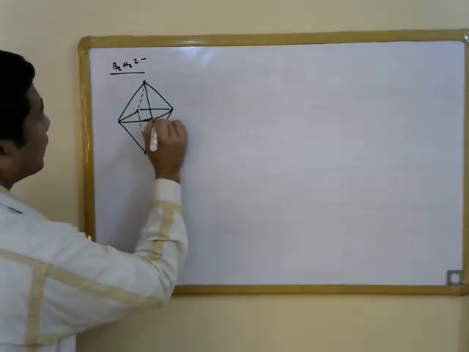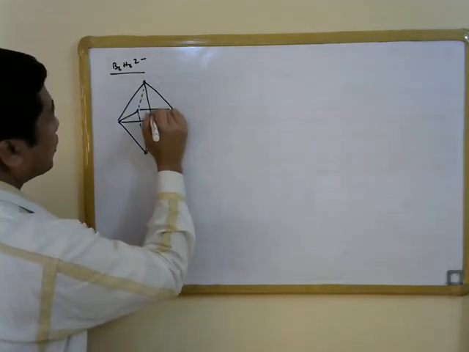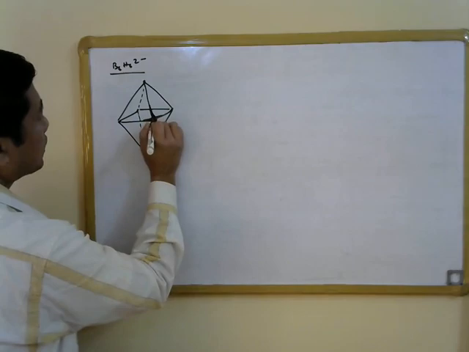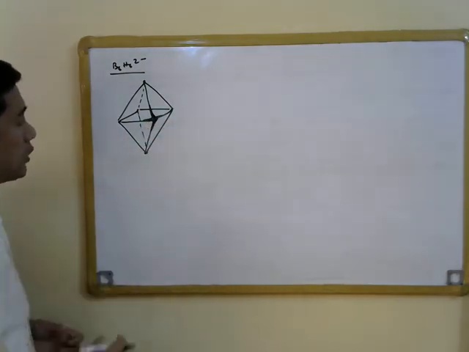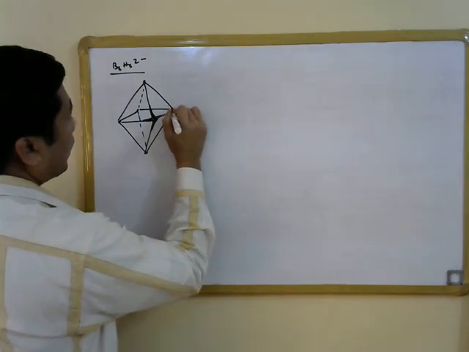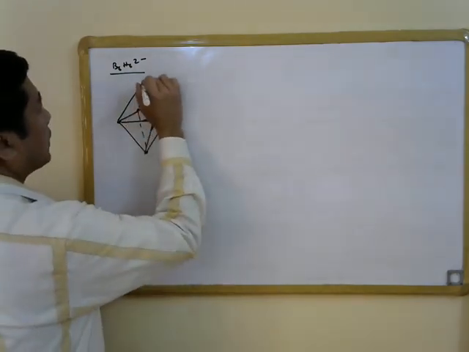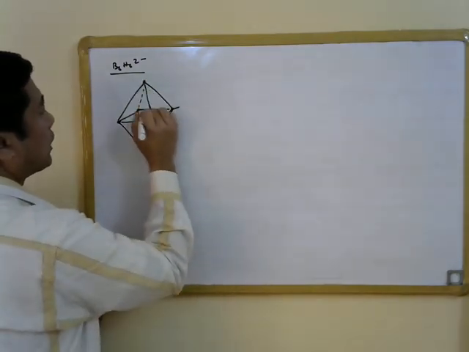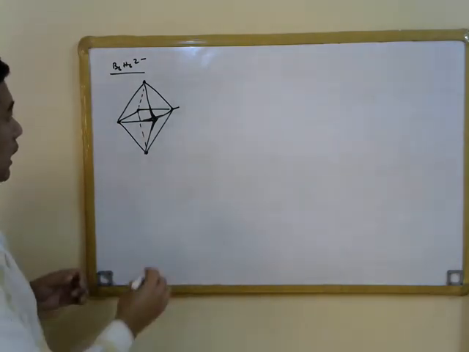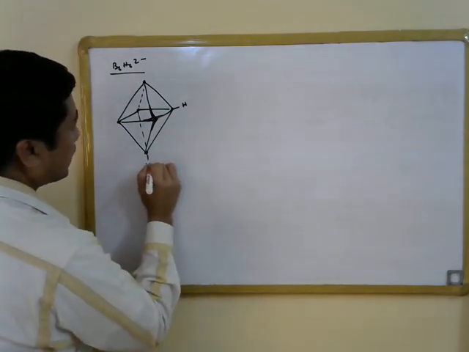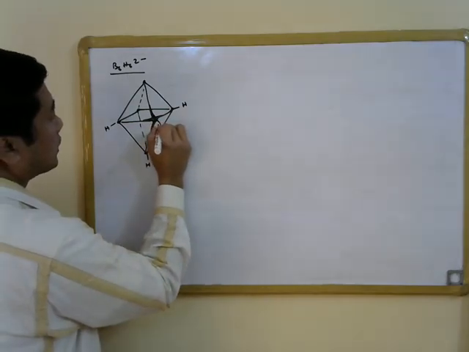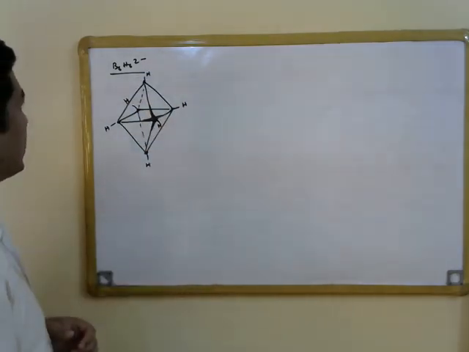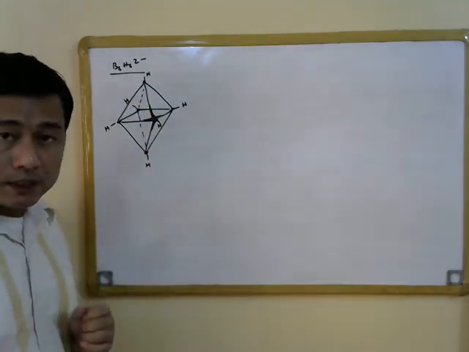We can darken these lines to give it a 3-dimensional impression, and all of these boron atoms lie on the corners of the octahedron, and to each of these boron atoms a hydrogen atom is essentially attached. So that is B6H6 2 negative. We have drawn the structure of B6H6 2 negative.